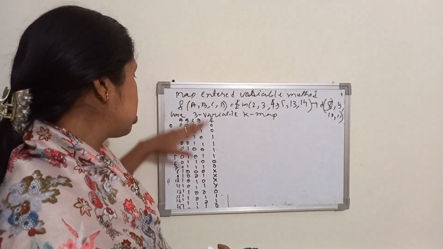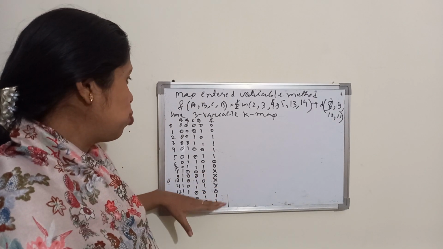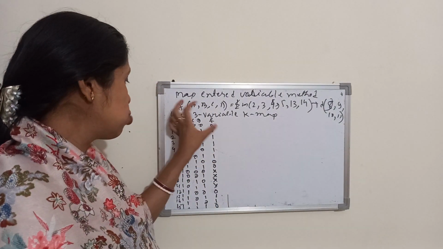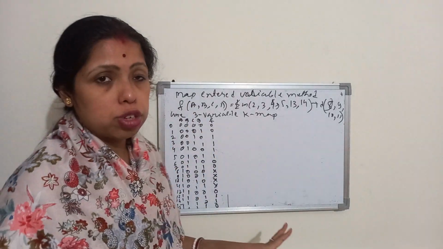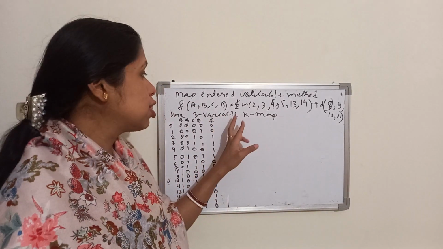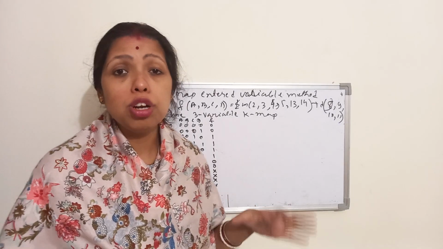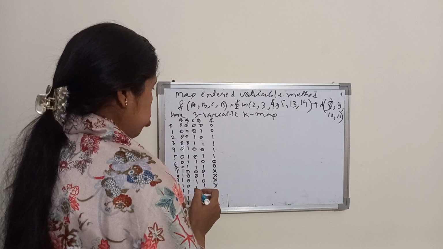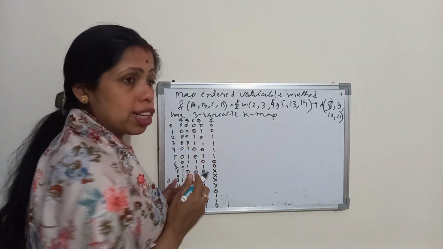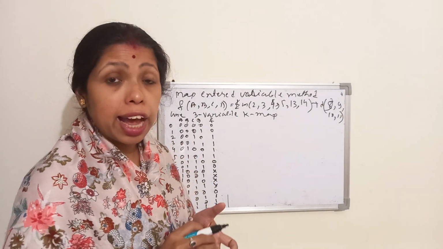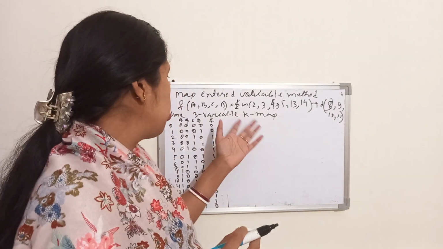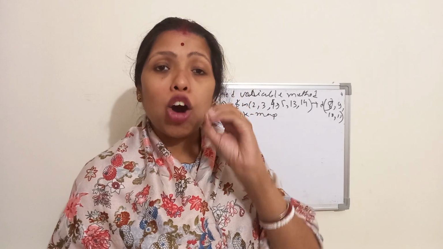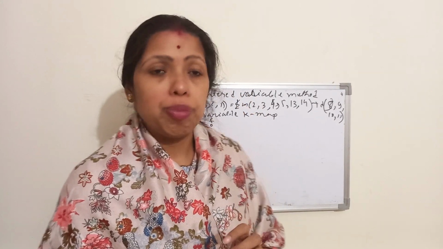I have to reduce this four variable truth table into a three variable truth table, because for drawing the three variable K-map I need a three variable truth table. So how can you reduce it? D will be used as a map entered variable. This is the extra term in the three variable K-map, and I'll put D as the output.